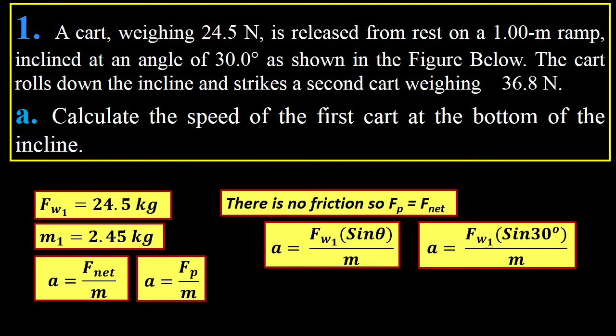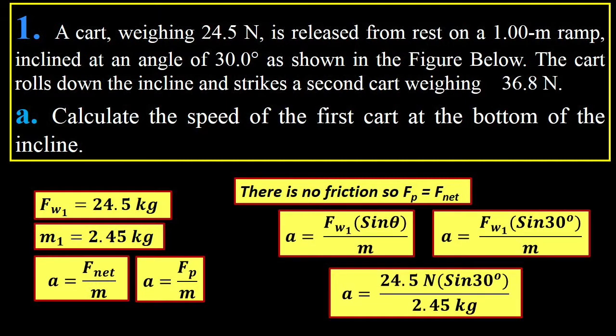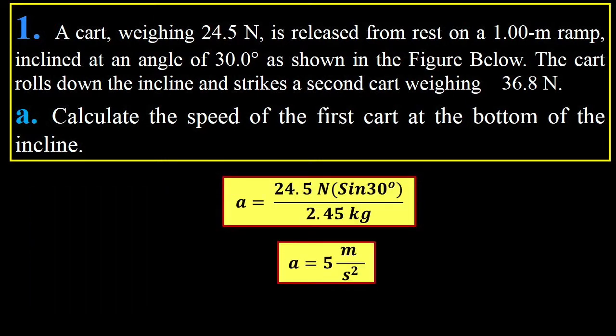So it's going to be FW1 times sine 30 degrees, and then divide by the mass. And there you have the expression. Now, what is the acceleration going to be given that data? The acceleration is 5.